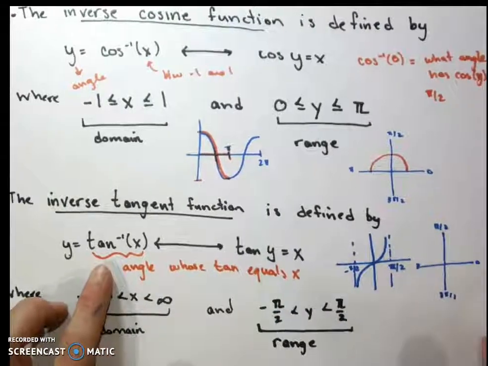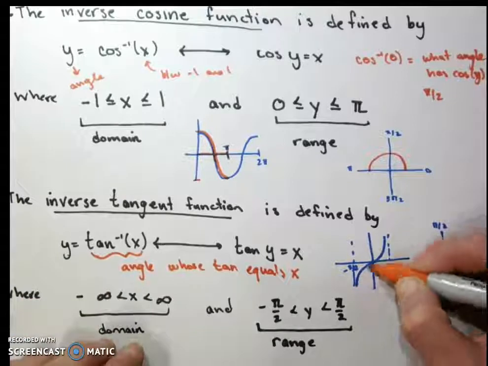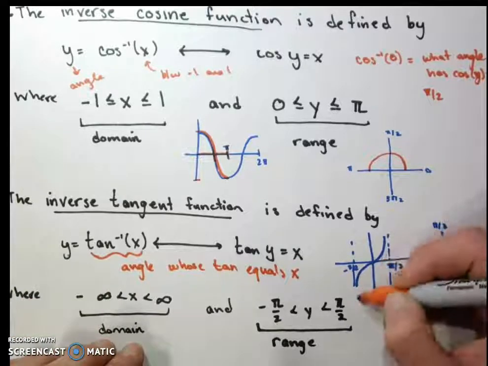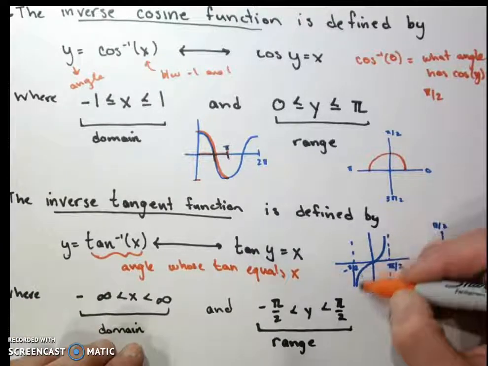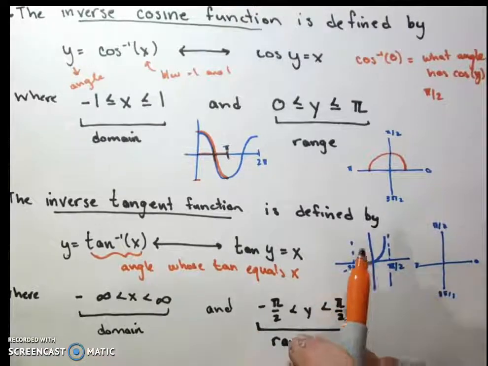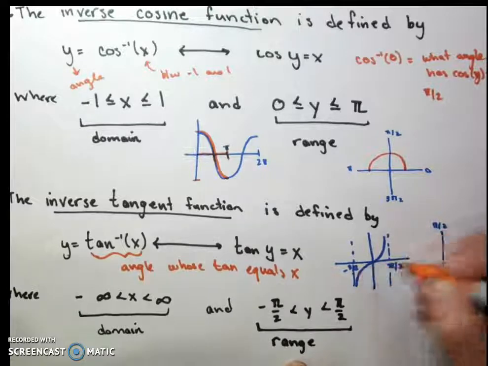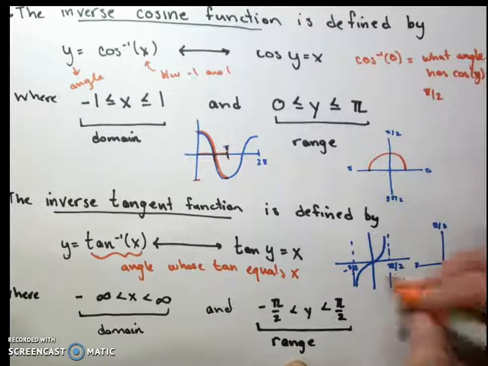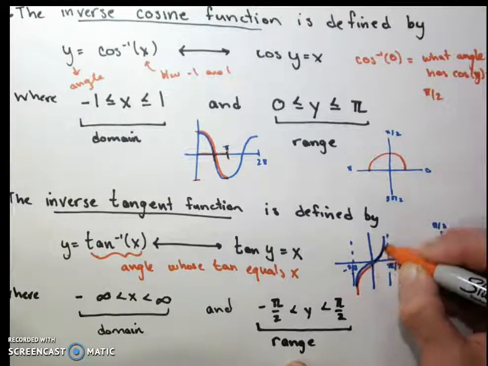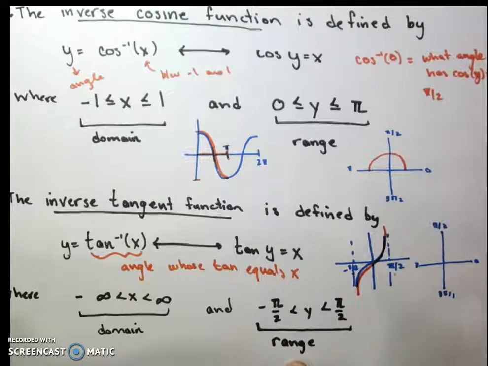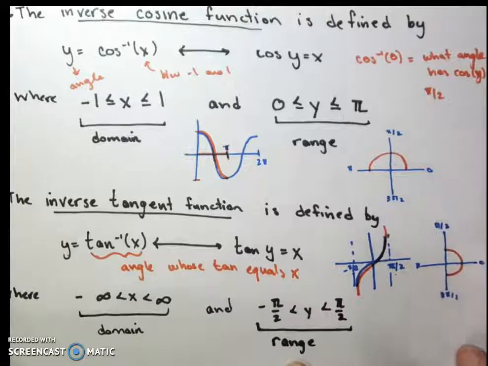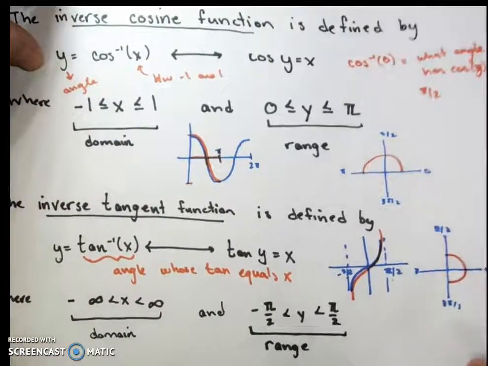The domain of the tan inverse function can actually be all real numbers, because tangent takes on all real numbers for its range. The range of the inverse tan function is going to be between negative pi over 2 and pi over 2, because that's a region where the tangent function passes the horizontal line test. So again, our outputs of the tan inverse function are just going to be between negative pi over 2 and pi over 2. So let's look at some examples now.